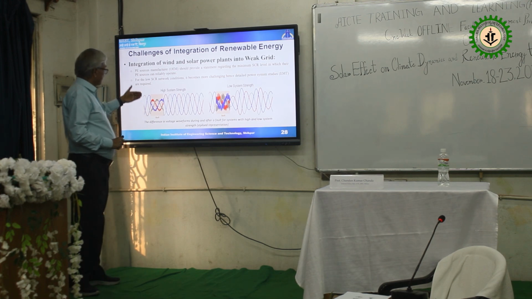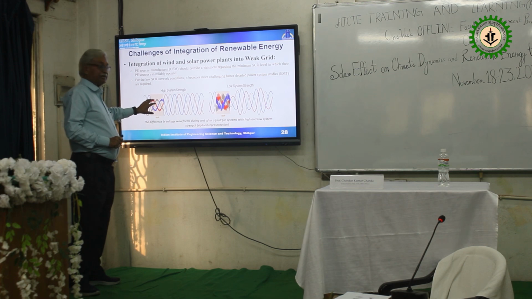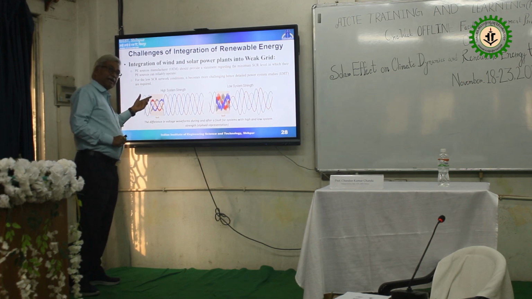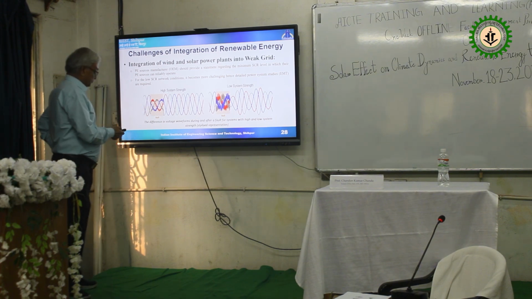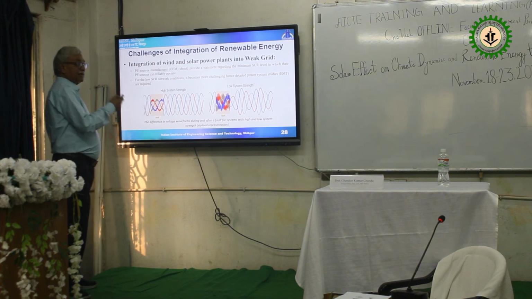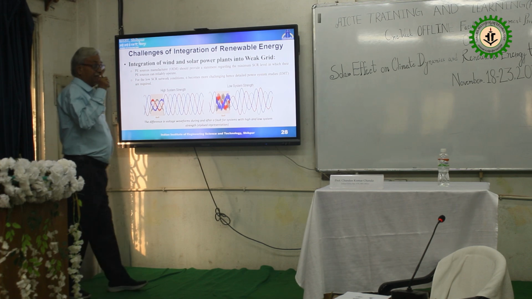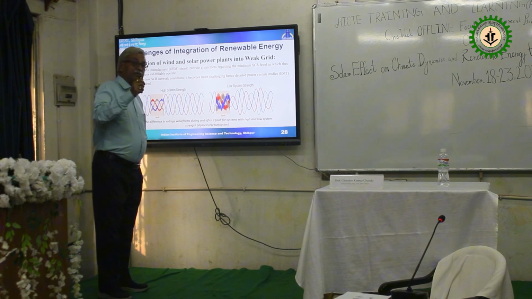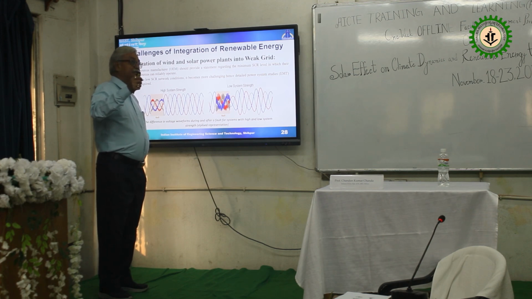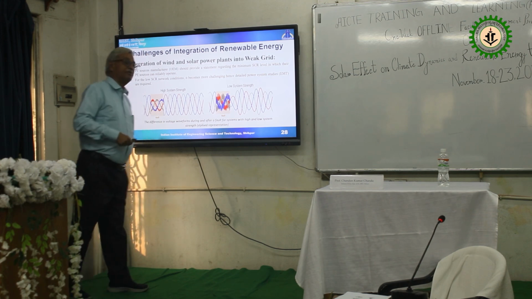If there is a fault in a high system strength grid, of course harmonics are there, but they are very small, and only a passive filter can mitigate or eliminate the issue. So where you are connecting is very important: a weak grid or a strong grid, the short-circuit strength more or less is a very important issue of this connection.